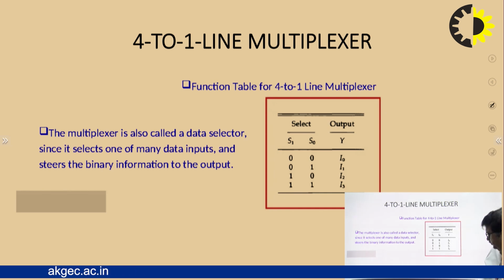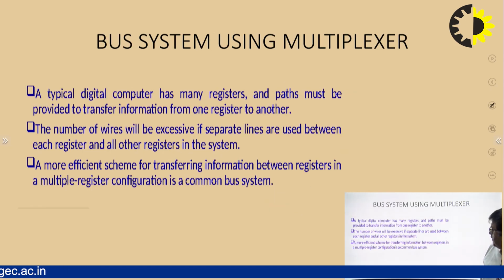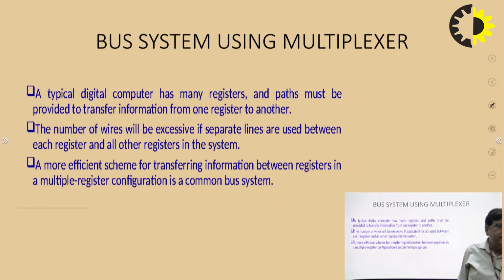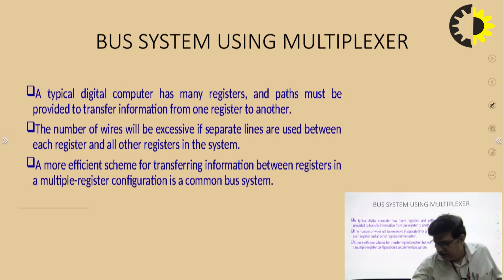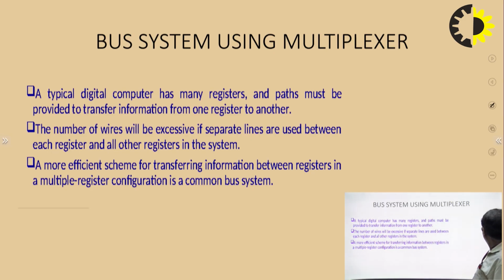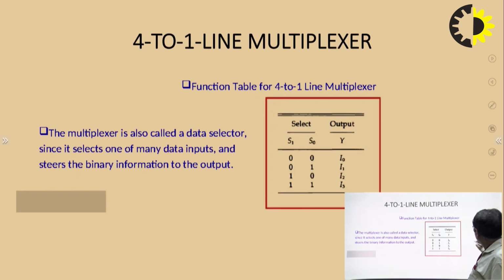As we know, a computer has many registers, and paths are provided to transfer information from one register to another register. The number of wires will be excessive if a separate line is used between each register.